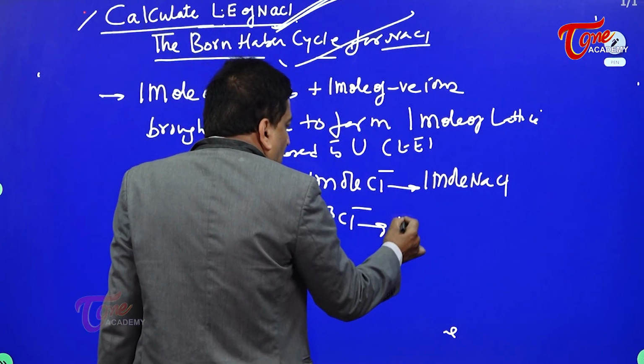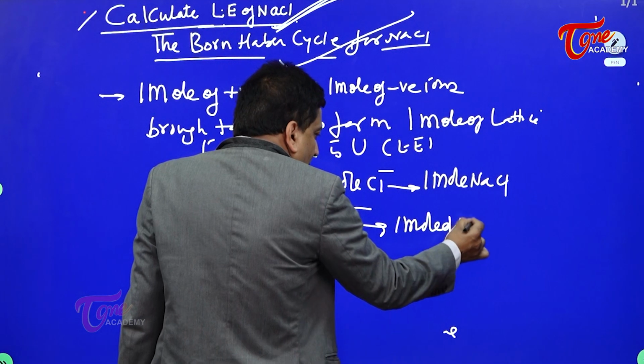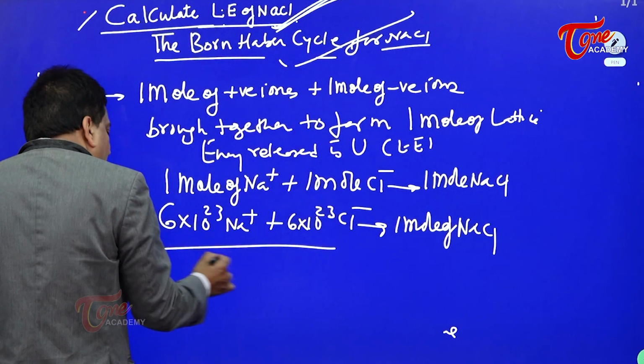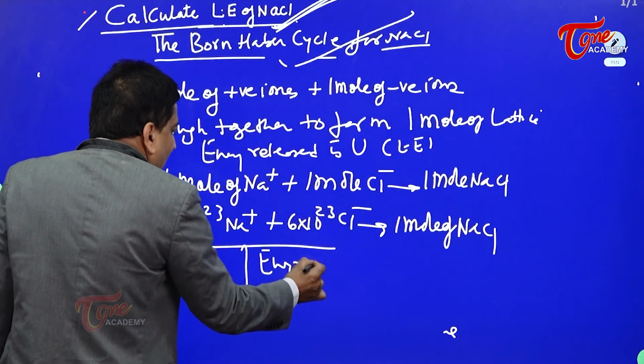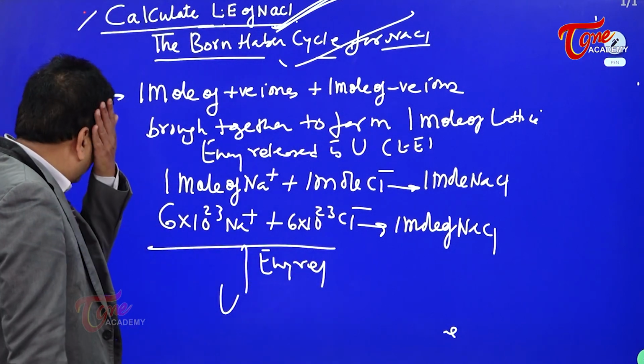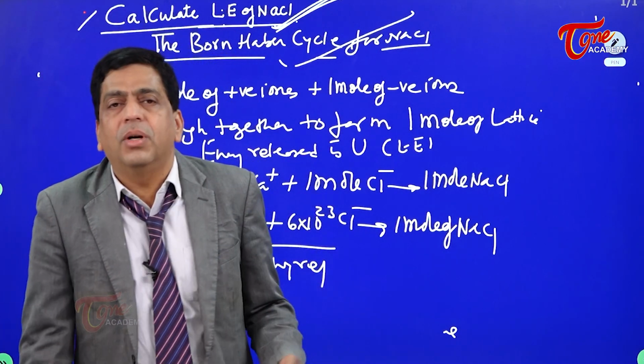Then the energy released is called U. That is nothing but the lattice energy.